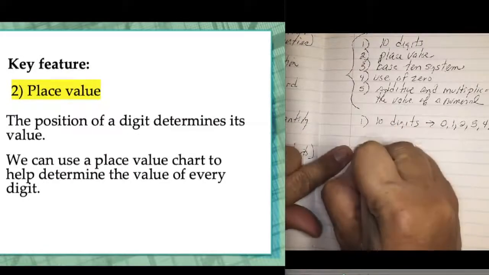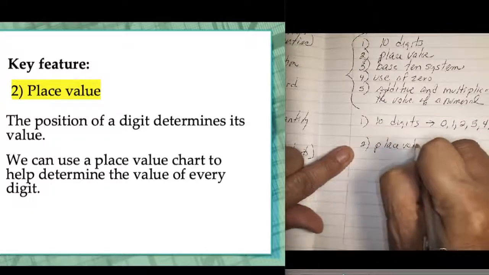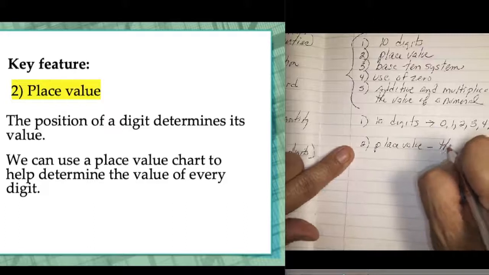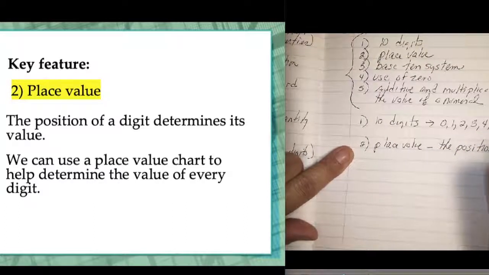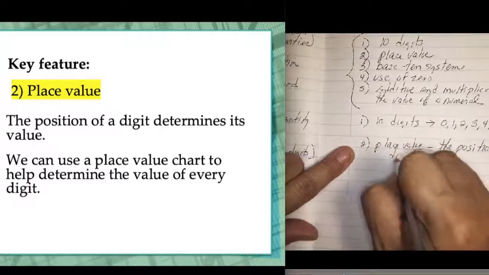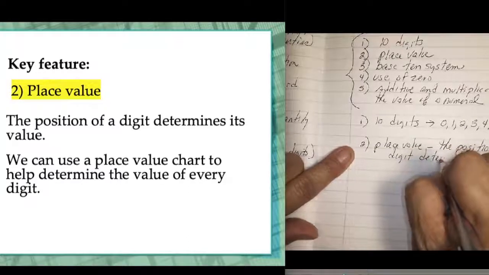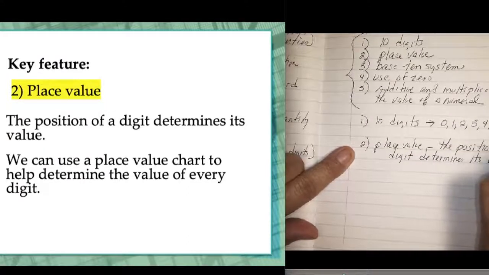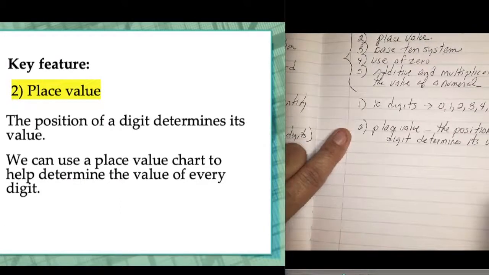We use place value. The position of a digit determines its value.